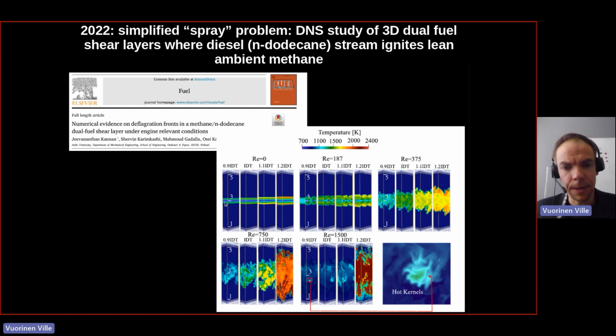You see how the ignition starts from the most reactive part of the shear layer, and depending on the amount of convection, you see the vortices evolving, and the higher the Reynolds number, the more turbulence. Clearly there is turbulent mixing, but the question is still, even though it ignites, is this a flame or just ignition that we are looking at?